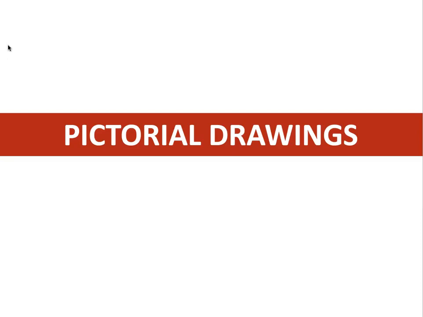And I also told you that given three views or multi-view of the object, like the front, the top, and the right side, draw the 3D view of the object. The 3D view of this object is called pictorial drawings, and this is what we're going to talk about today.